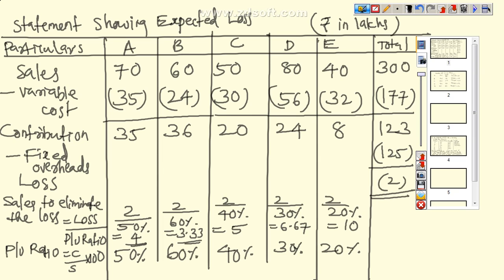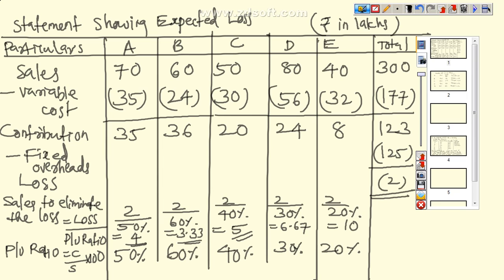In case of A product, if we increase the sale by 4 lakh, they can eliminate the loss of 2 lakh. In case of product B, if we increase the sales by 3.33 lakh, then we can eliminate the loss of 2 lakh. In case of C product, if we increase the sale by 5 lakh, then the company can eliminate the loss of 2 lakh.